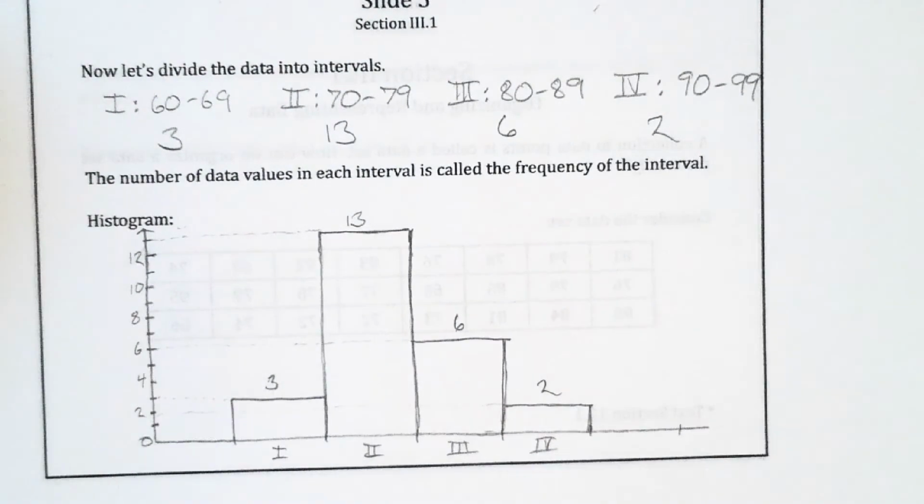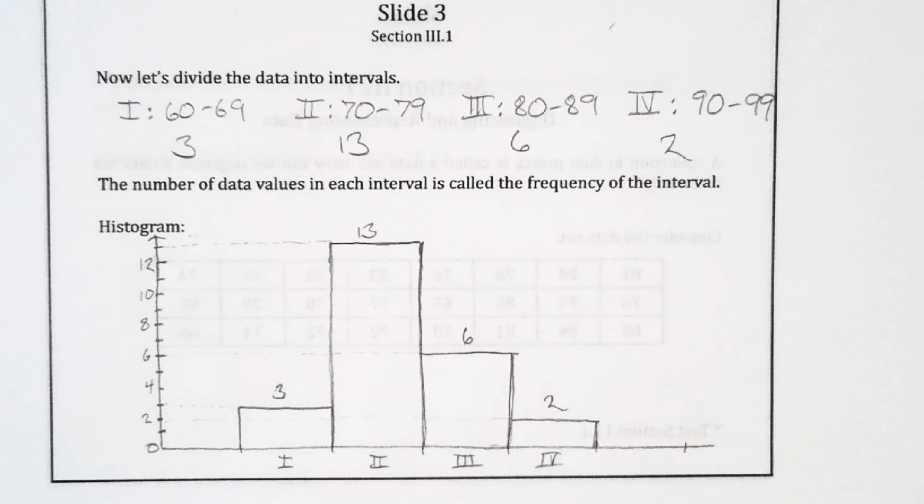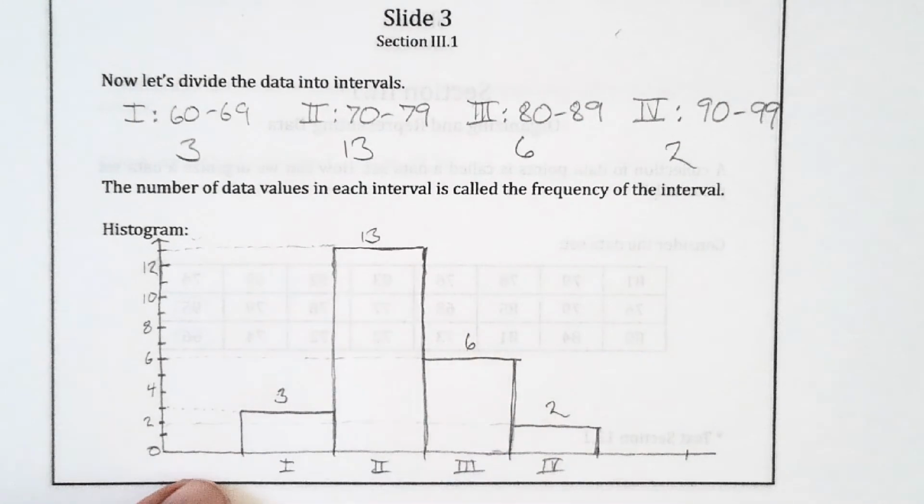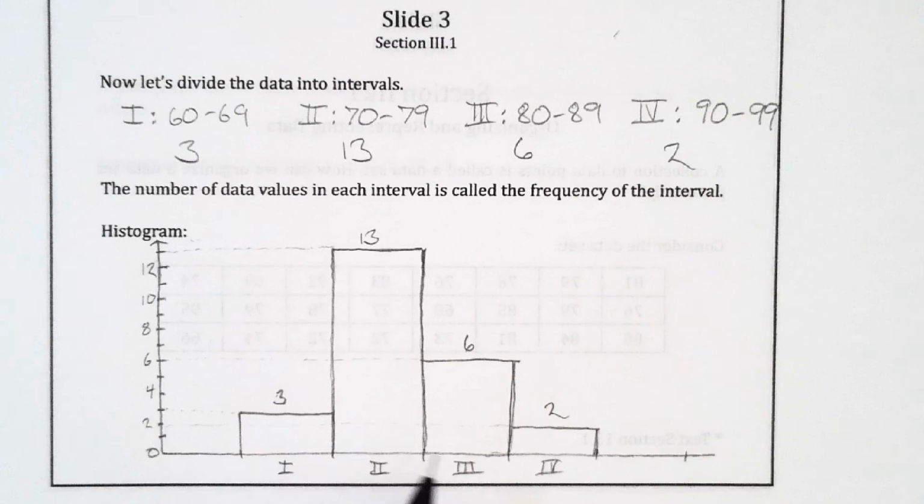It has this interesting property that if I were to regard each interval as 1 unit wide, and the height as given by the height of the bars, and I add up the areas of all these rectangles, it would be 24, which is the total number of data points.